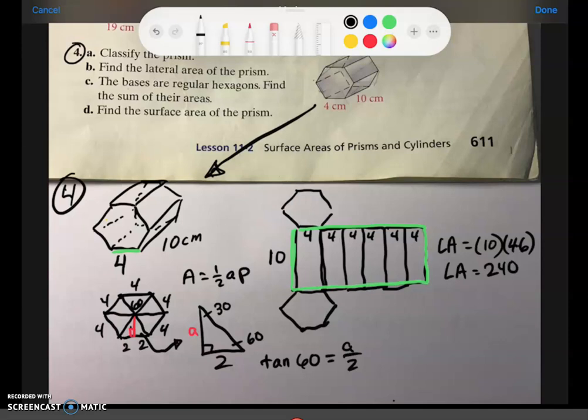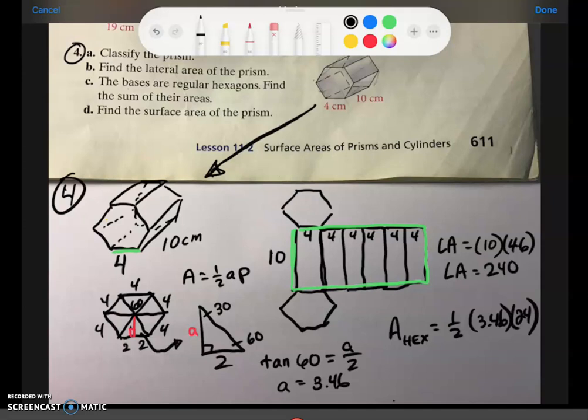And real quickly on my calculator, the apothem is 3.46. So the area of one hexagon is going to be 1/2 apothem, 3.46, times the perimeter, and that is 4 times 6, 24. So this is the area of the hexagon.